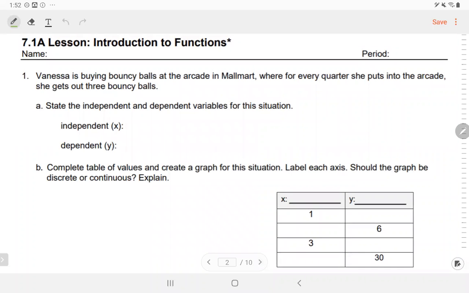Vanessa is buying bouncy balls at the arcade in Walmart, where for every quarter she puts into the arcade, she gets out 3 bouncy balls for every quarter. State the independent and dependent variables for the situation. So the independent variable here is the number of quarters.